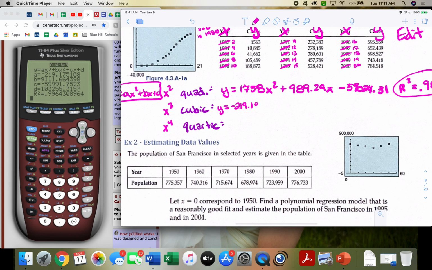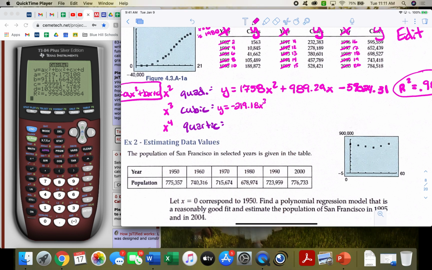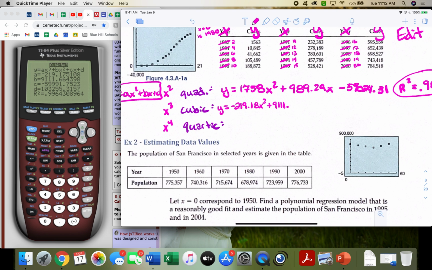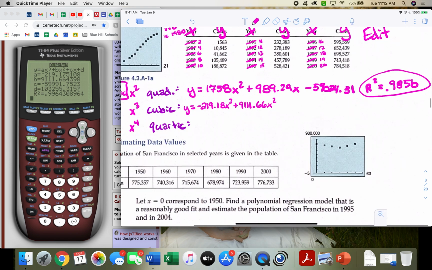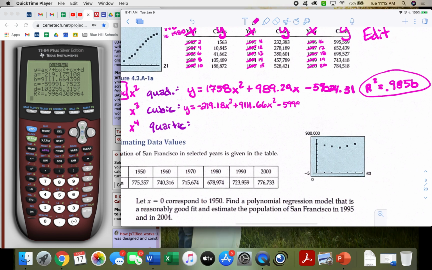X squared is 9111.66 x squared. Do you see where I'm getting these numbers from? C is negative 59991.75, and that's x.